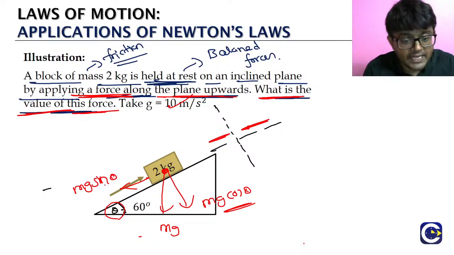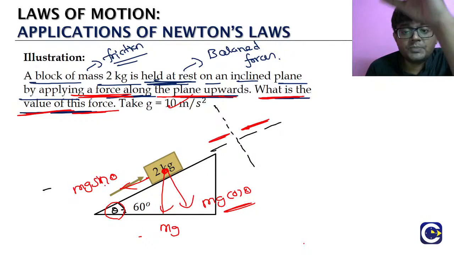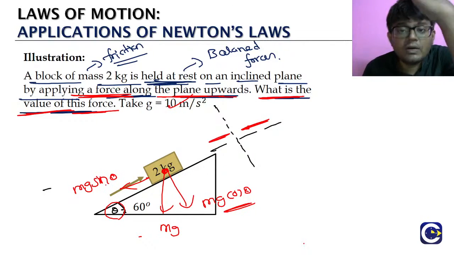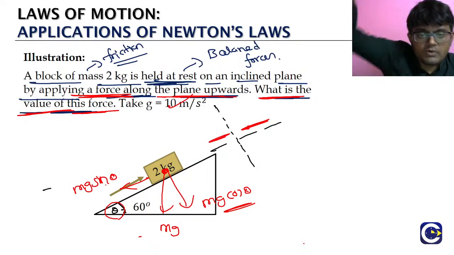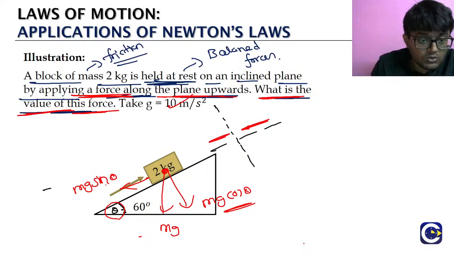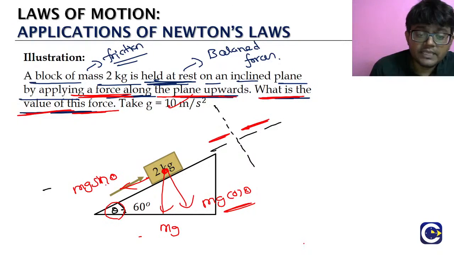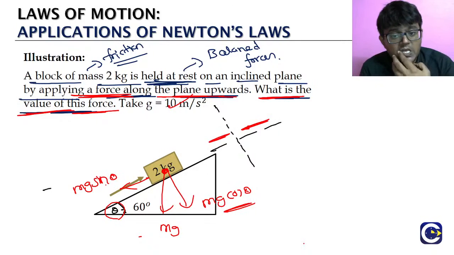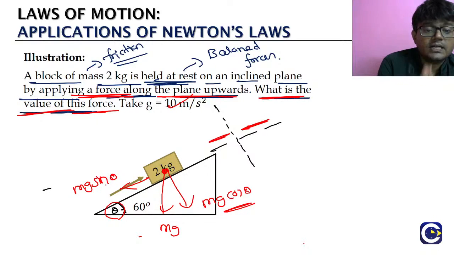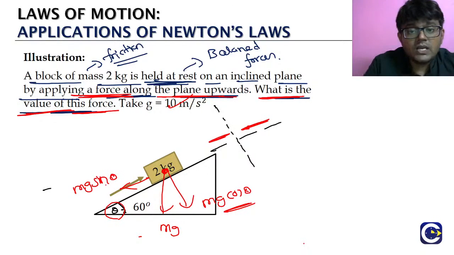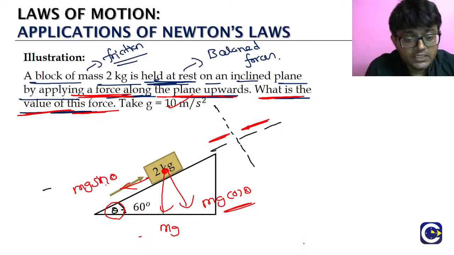That is why when you keep an object, or even when you go and sit on top of the inclined plane, you will keep coming down. Why? Because the component of the weight is acting down the plane. So this is resolving, or taking components of, weight in the case of a block on the inclined plane.